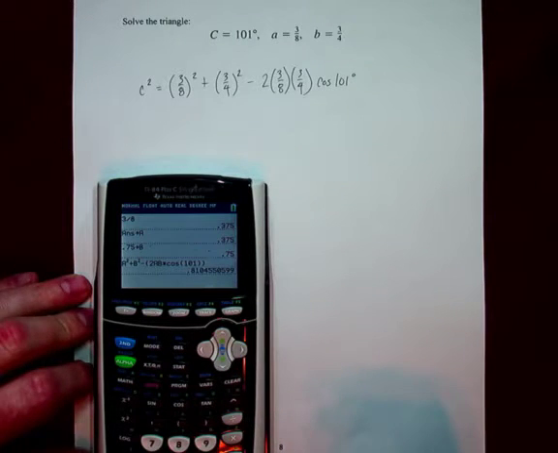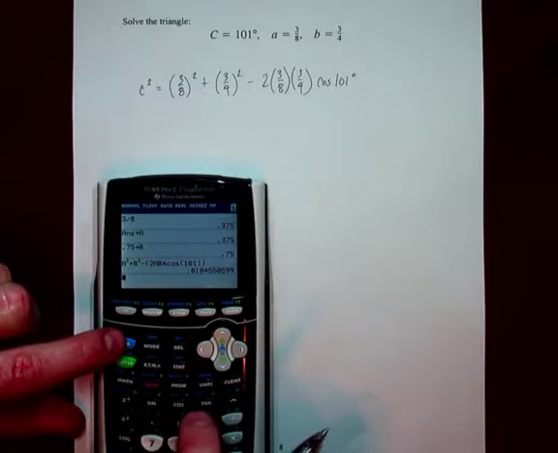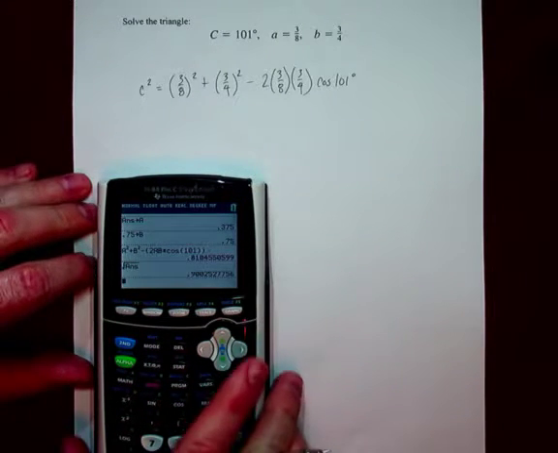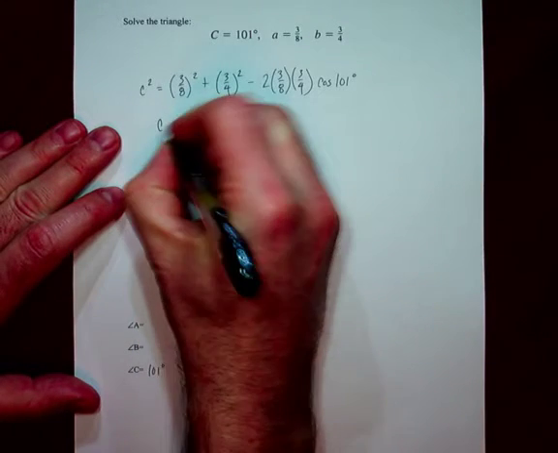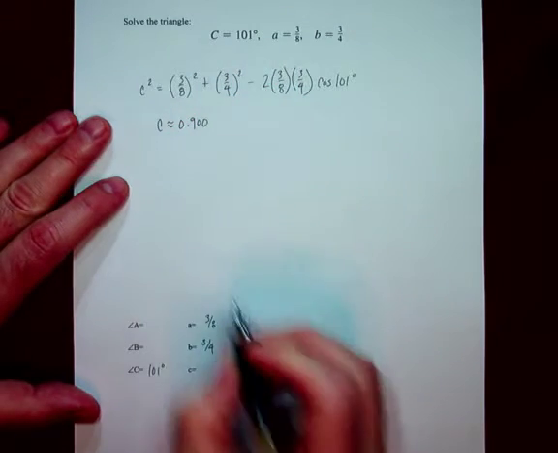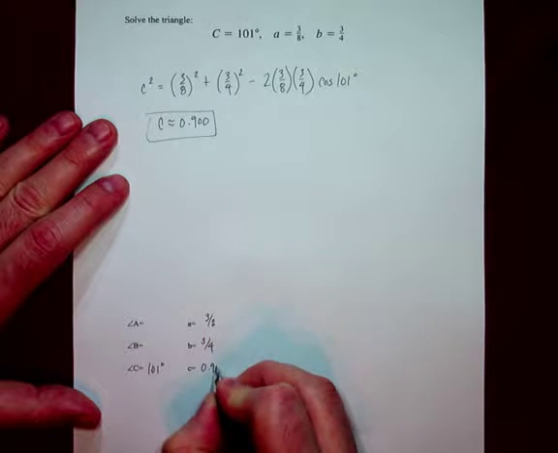And I got 81, and this is what I got the last time. Then basically you take the square root of that, and you wind up with 0.900. So c is approximately 0.900. I got that, and I was fine with it.